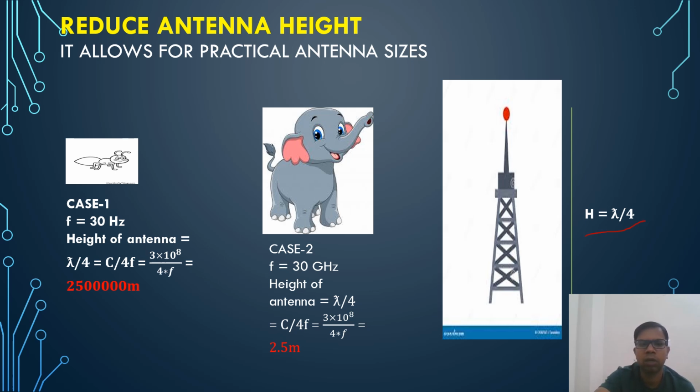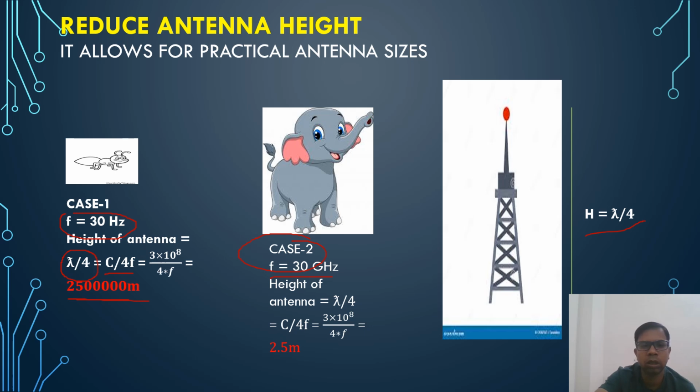In case 1, the message signal frequency is 30 hertz, and in case 2, the message signal frequency is 30 gigahertz. With this formula we calculate the height of the antenna. In the first case, when the frequency is 30 hertz, the antenna size becomes very huge.